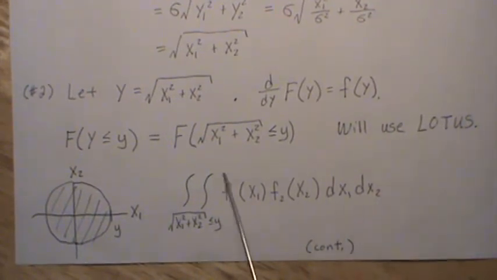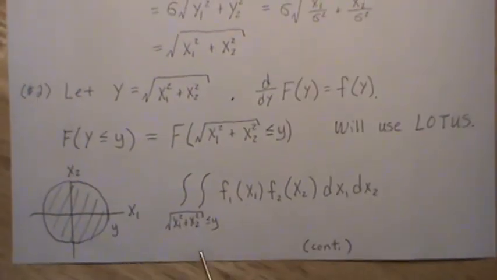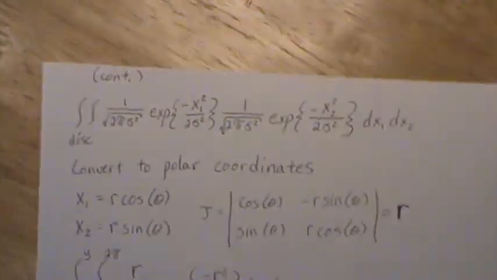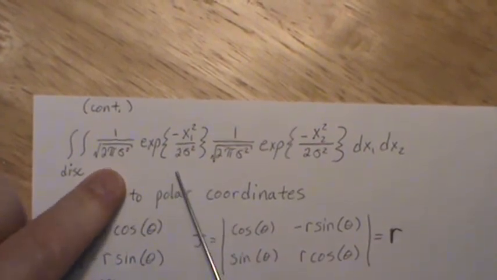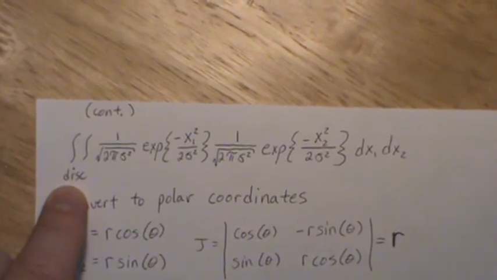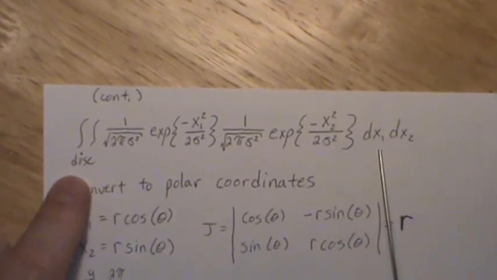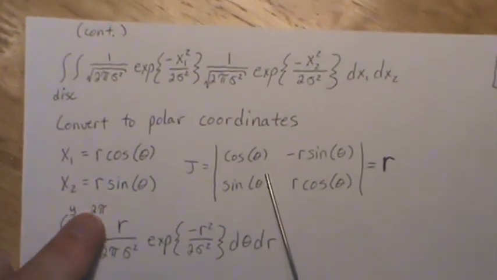So this would be the CDF, and then we take the derivative of it. So on the next page, we'll fill in these pieces. This is the standard normal for X1. Remember, we're still integrating over the disk, or that circle, and this is the standard normal for X2, dx1 dx2. Now let's convert to polar coordinates.